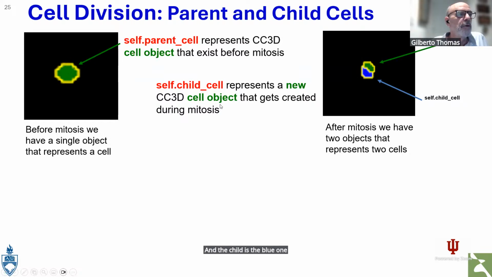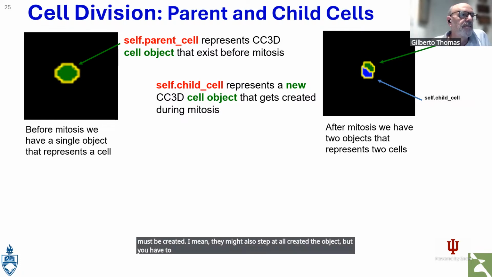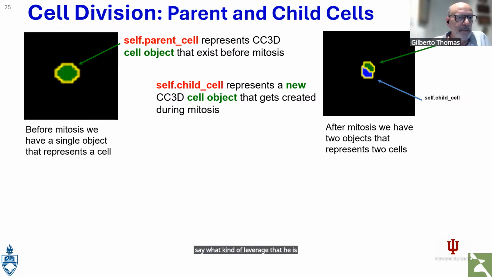And this is a new object, as I said before. The cell is there, but a new object must be created. I mean, the MitosisSteppable created the object, but you have to say what kind of object it is, what its attributes are. This is what the MitosisSteppable does.